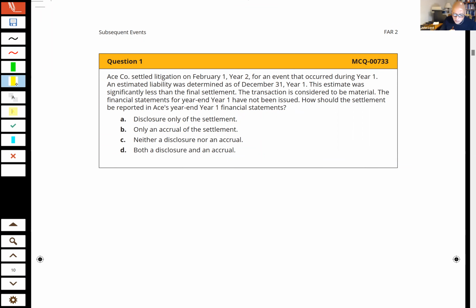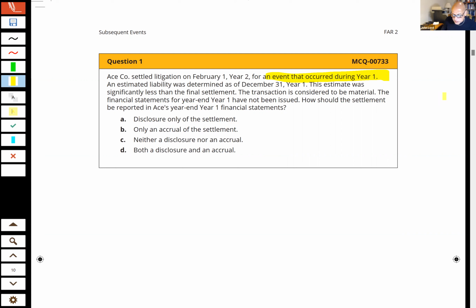Right now we have this ACE company settlement litigation on February 1st, year 2, for an event that occurred during year 1. This is the specific example of a situation where we had a lawsuit out there in year 1 that was settled in year 2. An estimated liability was determined at December 31st, year 1.